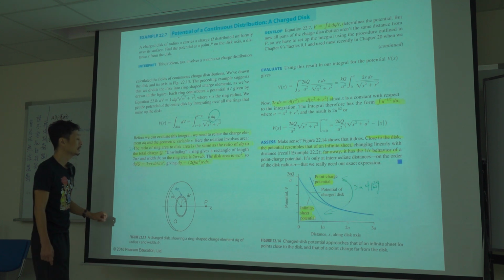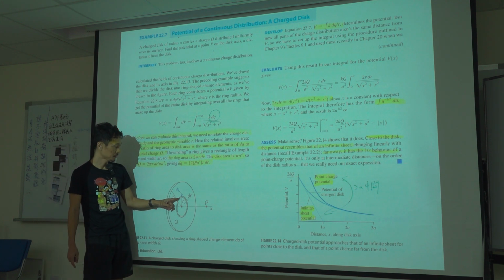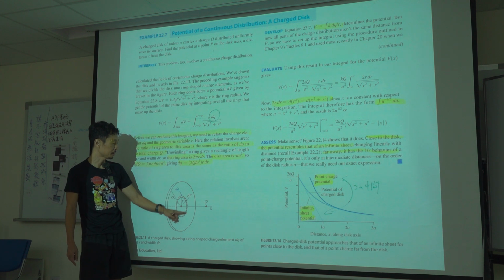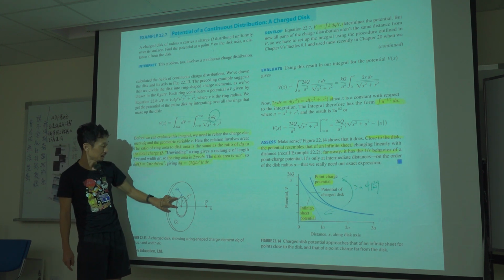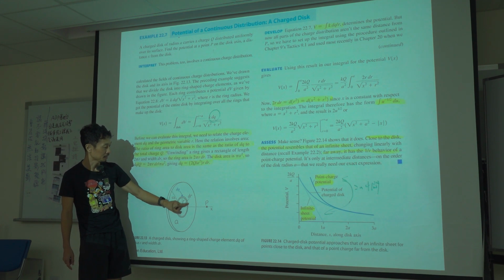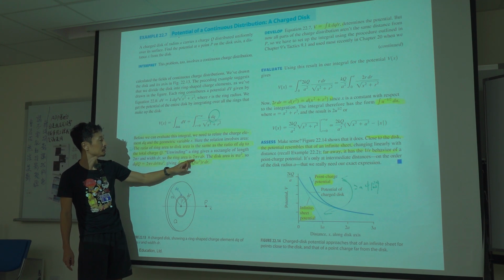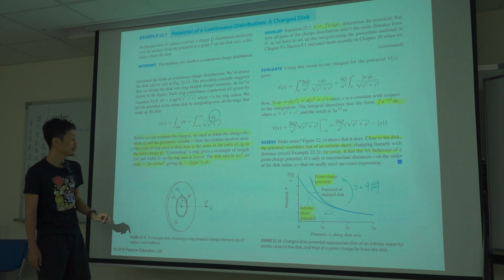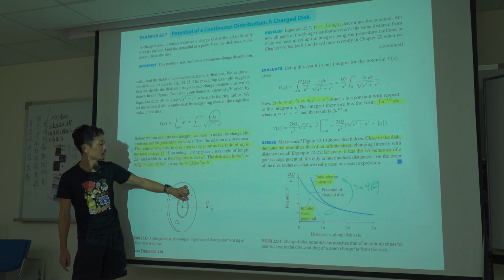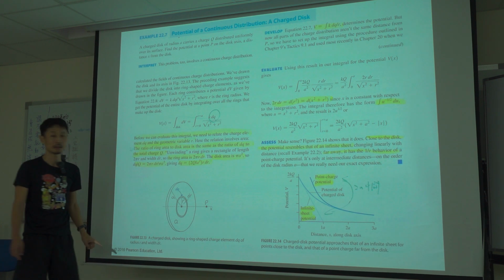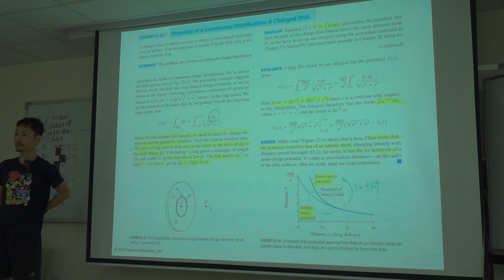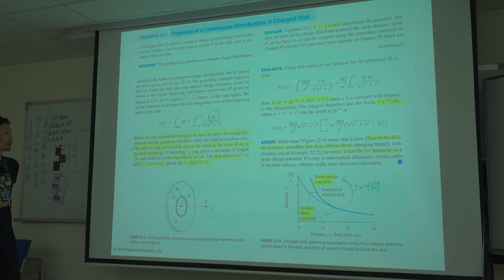The length of the ring is 2 pi r, say the radius is r, and the width is dr. If you multiply these, 2 pi r dr is the area of the small ring.